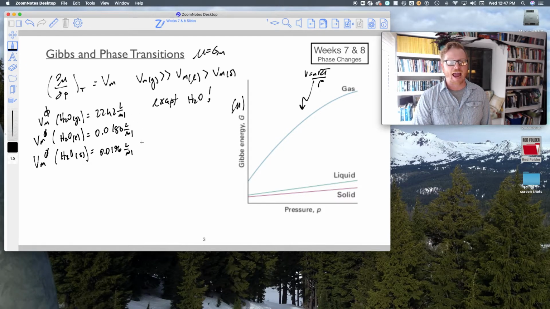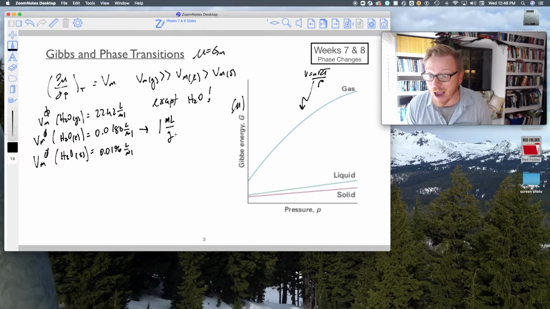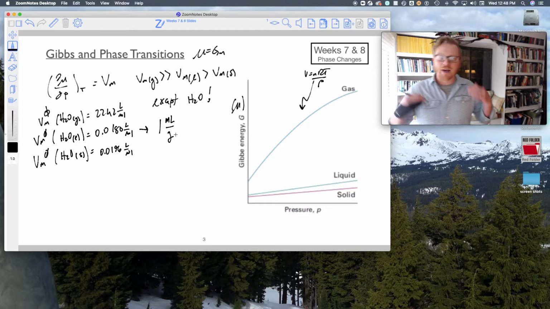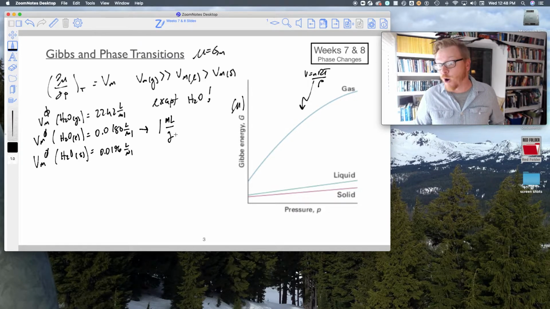Now you might be asking, how did I get these numbers? Okay, well check it out, it's liter per mole. So I got this number from using the approximate density of 1 milliliter per gram. I know that's backwards. I know you want to say 1 gram per milliliter, but I want to get this in terms of volume, not in terms of mass.